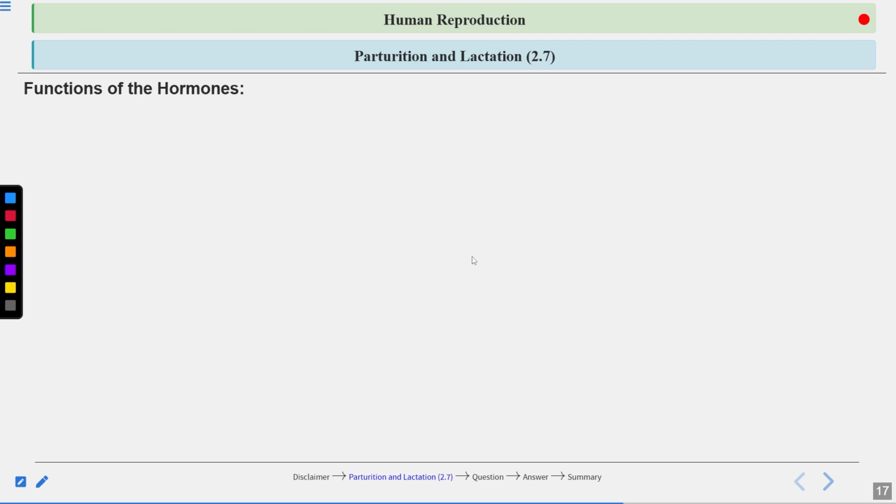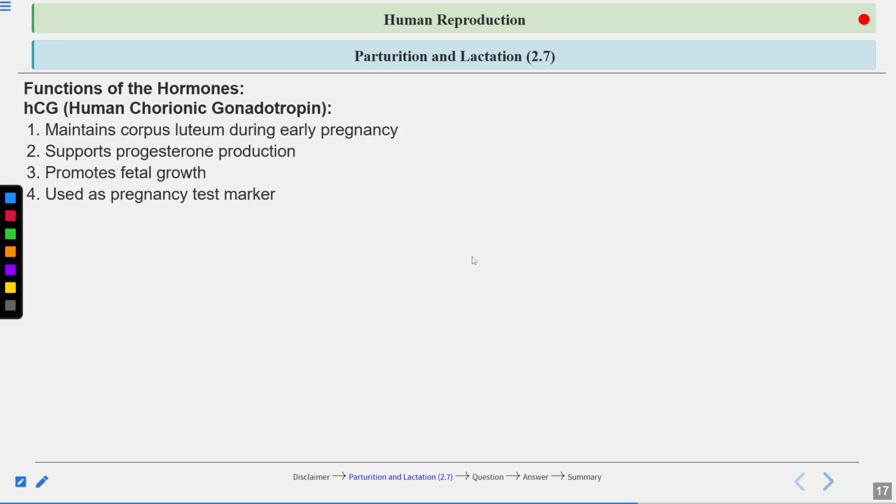Now let's have a look at the function of these hormones. Okay, so we will quickly talk about the functions of these hormones. HCG, which is human chorionic gonadotrophin, maintains the corpus luteum during early pregnancy. Okay, so the corpus luteum secretes the hormone progesterone, and this progesterone helps to maintain the pregnancy by maintaining the thickness of the endometrium.